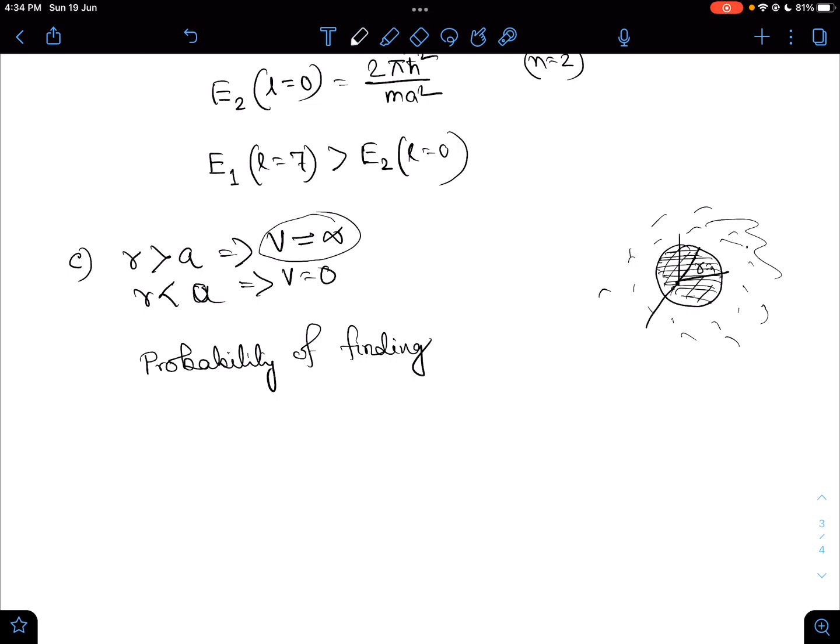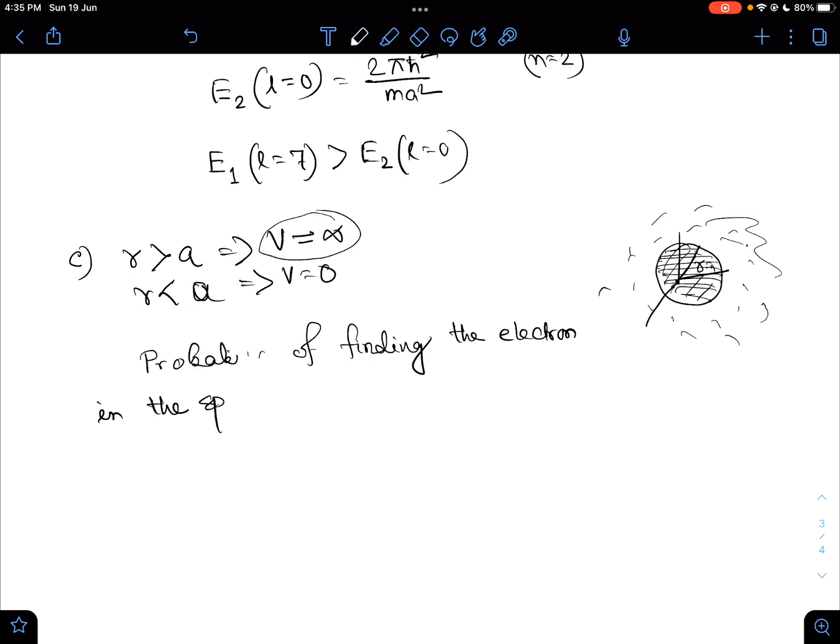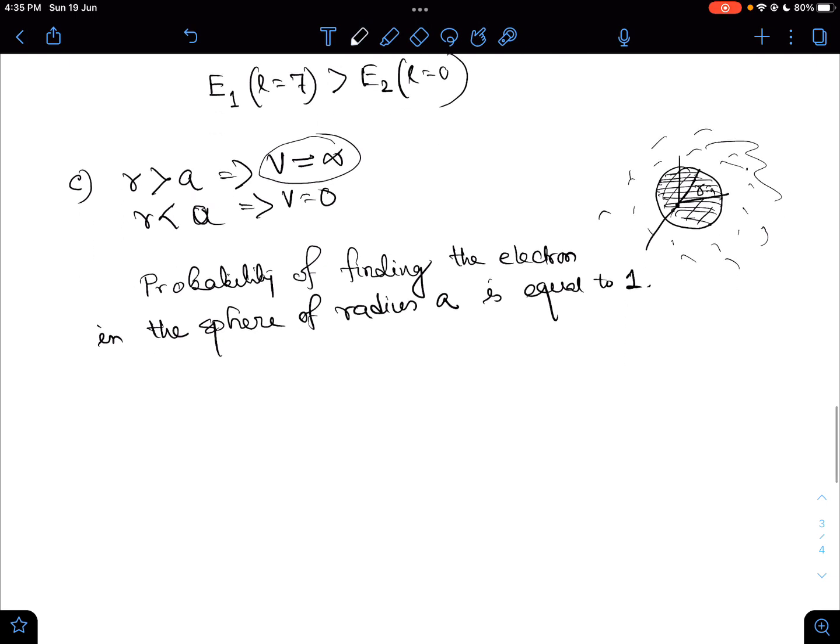So that is why the probability of finding the electron in the sphere of radius a is equal to 1.